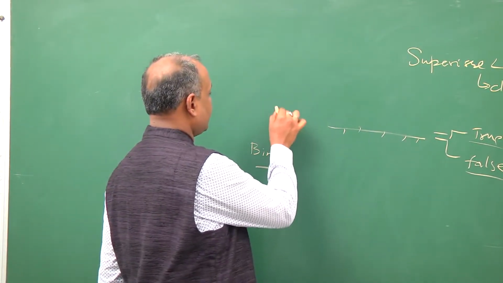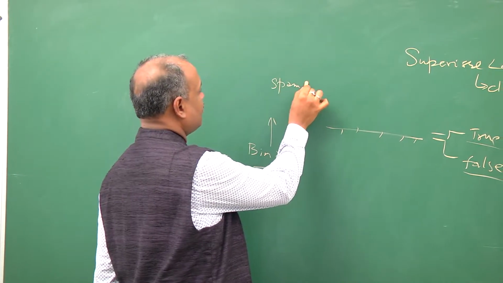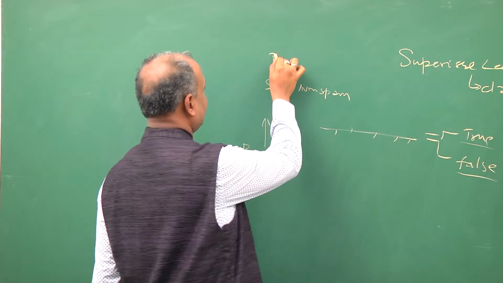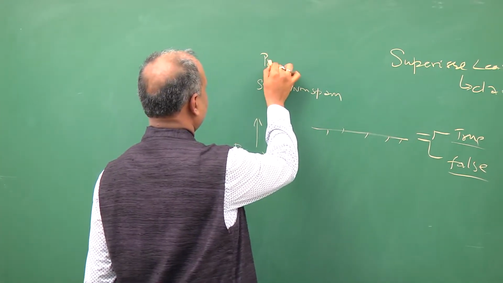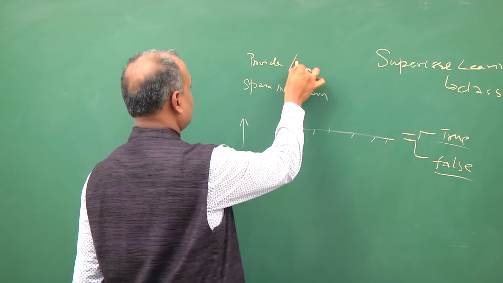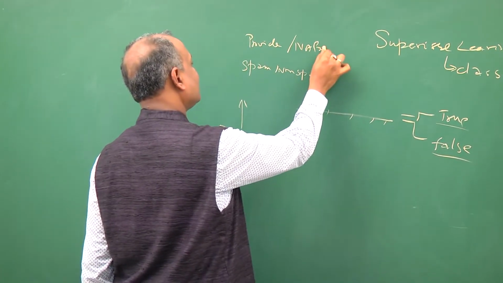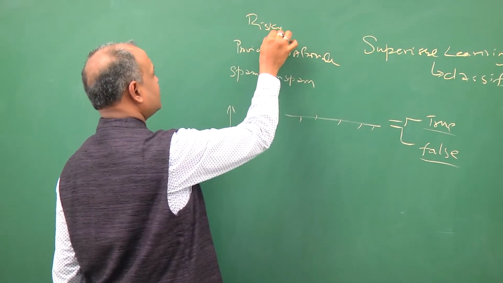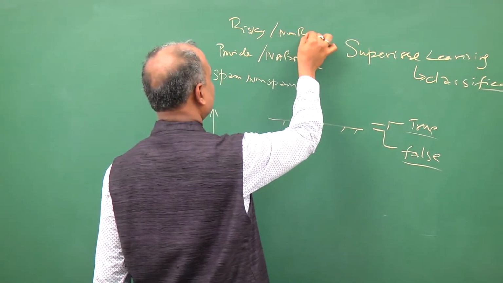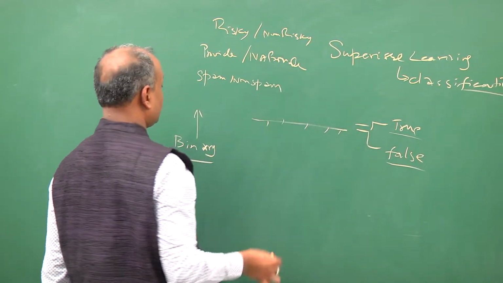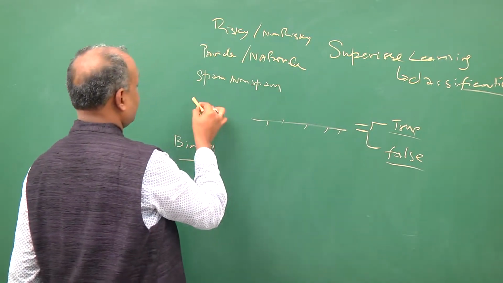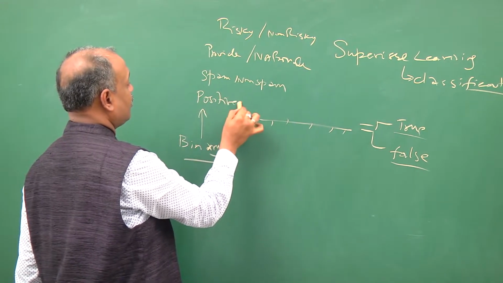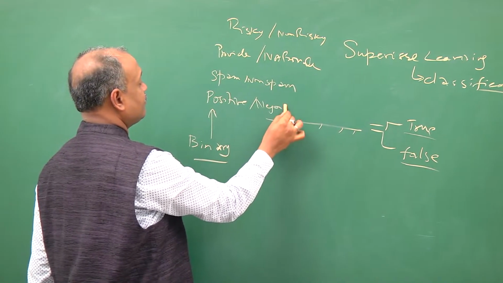For example, you can detect something as spam or non-spam, or you want to provide insurance or not provide, or you want to calculate something as risky or non-risky, or you want to classify a potential tweet as positive or negative.